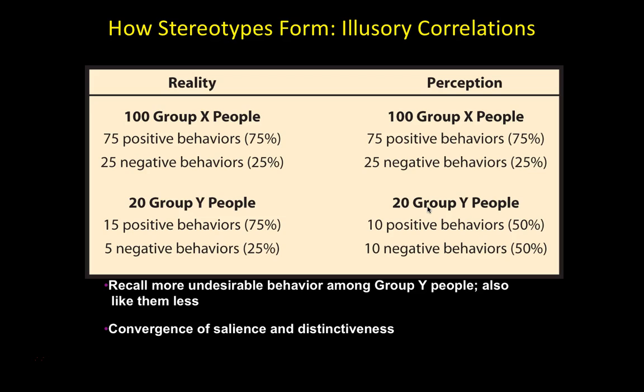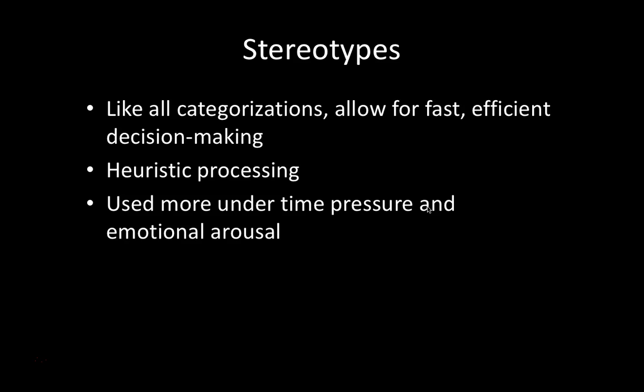So you can see, this is a simulation, but you can see how that can play out in the real world. That's one way in which correlations or stereotypes form. Now, regardless of how they form, with the illusory correlation alone, there's no truth to the stereotype.